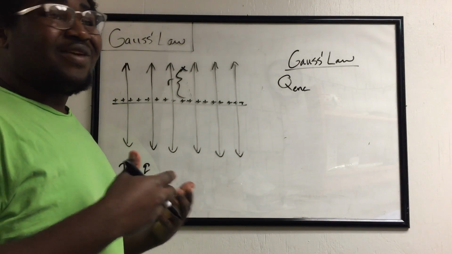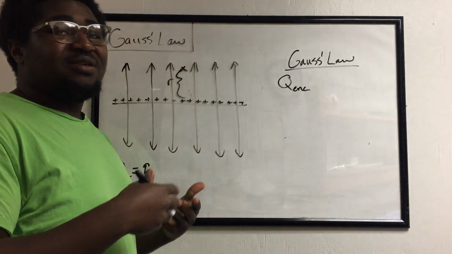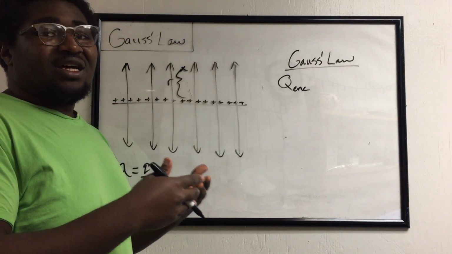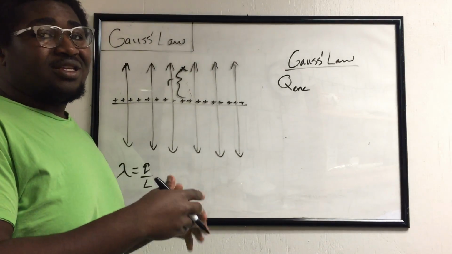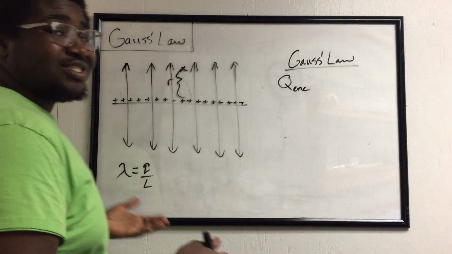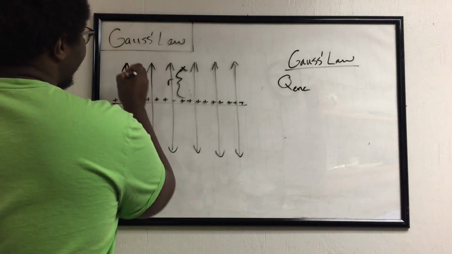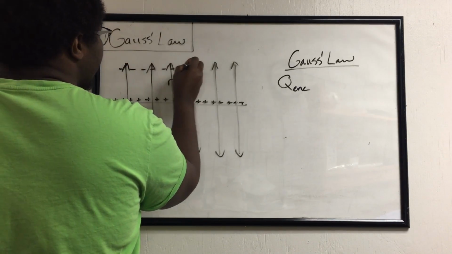But you have to have some type of symmetric 3D shape to use the law, and that it'll hold. So we'll be using a cylinder, and we'll denote the cylinder by this.